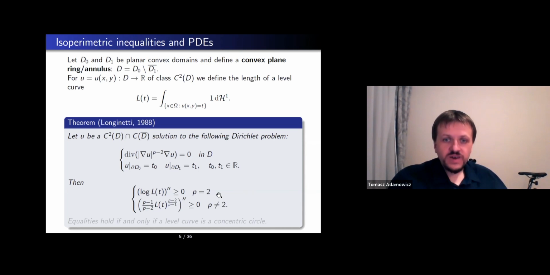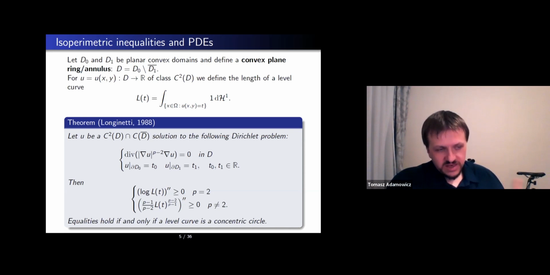For p equal to 2, so in the harmonic case, we have the convexity of the logarithm of function L, and for p different than 2, we have the following convexity for a power of function L. And what relates these inequalities with the classical notion of isoperimetric inequality, and what justifies calling them isoperimetric inequalities, is that equalities hold if and only if a level curve is a concentric circle.